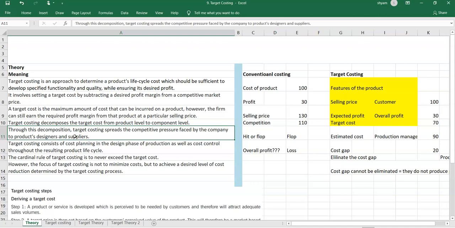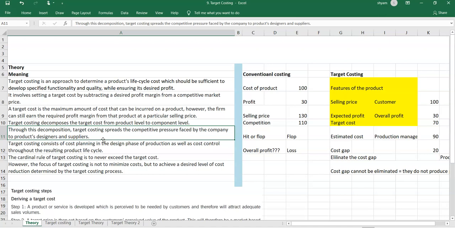Through this decomposition, target costing spreads the competitive pressure faced by the company to products, designers, and suppliers. So it's not only the designers or the producer who has to. Usually, in a company, the production manager is given the target of reducing the cost, and he has all the pressure to reduce the cost, but that is not the correct way of putting pressure here.